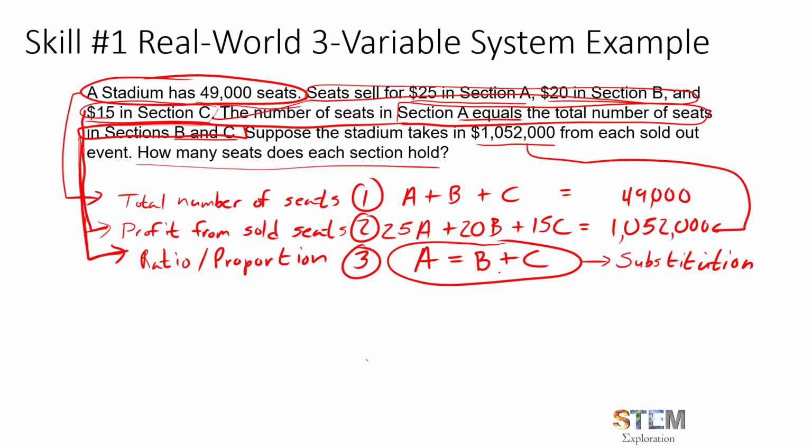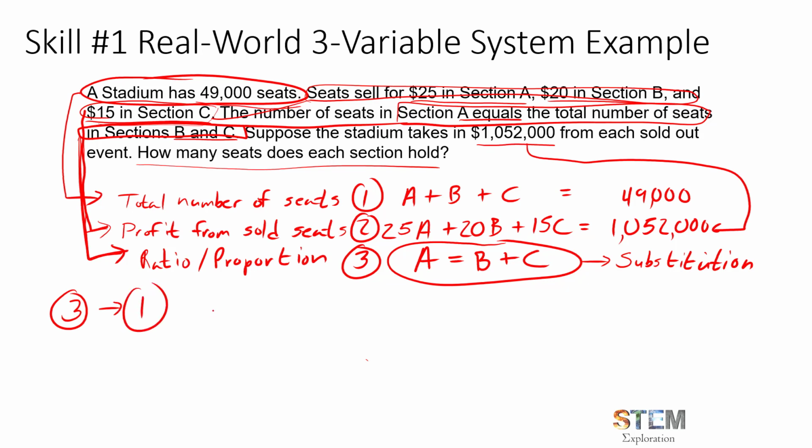And so based on this given situation with equation 3 being A equals B plus C, I'm going to start substituting this in, and we're going to see what we can get to, because we already have a nice ratio or proportion already identified here. So what I'm going to do is plug equation 3 into equation 1.